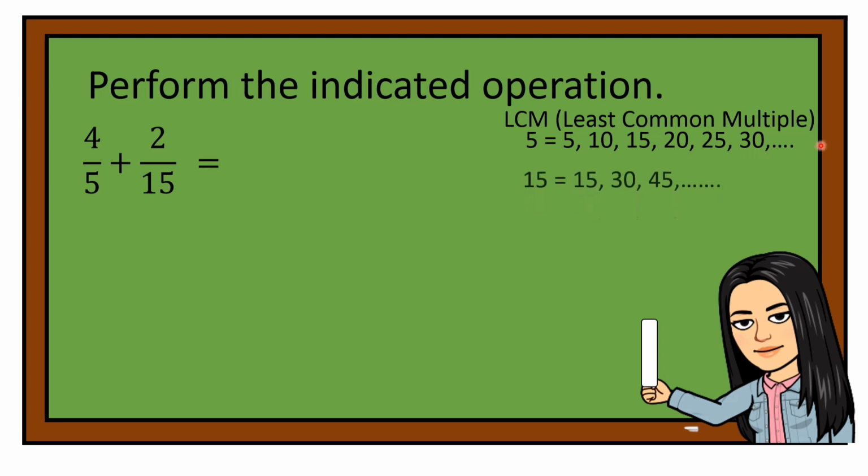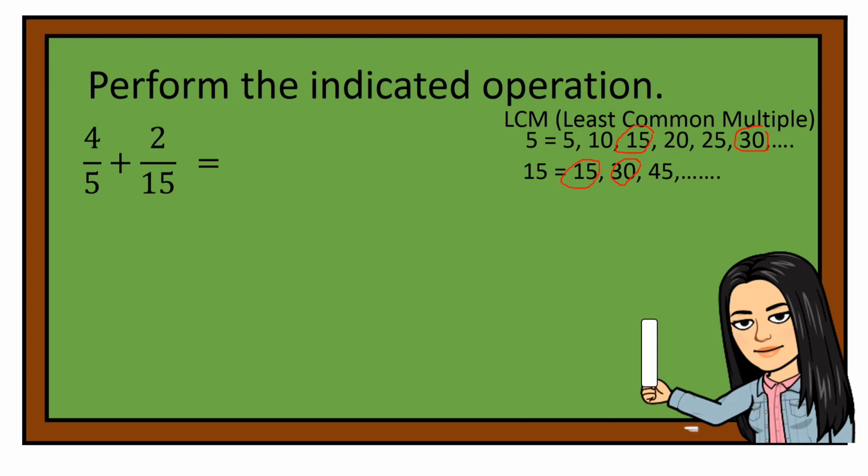And then, the multiples of 15 are 15, 30, 45, and more numbers. In the given denominators, the common multiples are 30 and also 15. Okay? So, there are two common numbers.